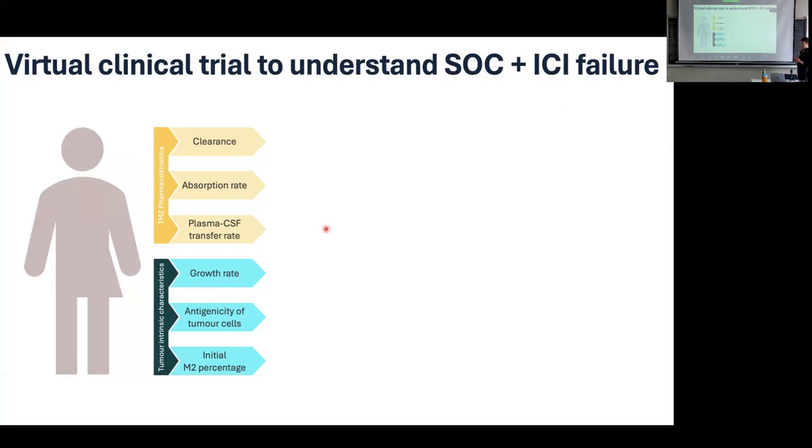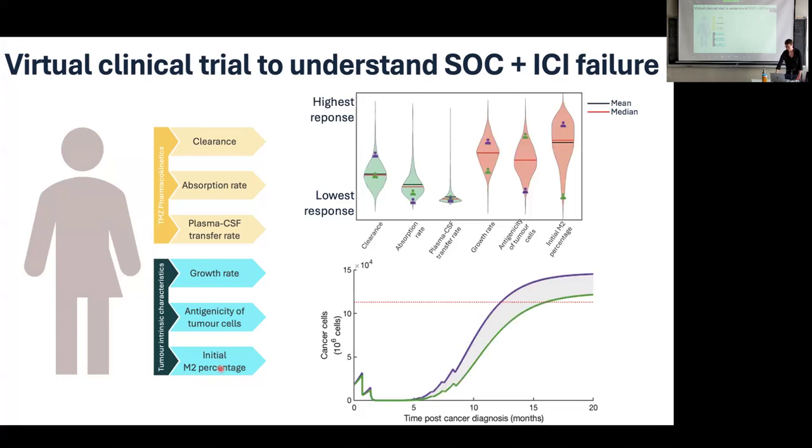So Blanche varied a variety of parameters, some related to the TMZ pharmacokinetics, because we have population pharmacokinetic models. We know that there is inter-individual variability in the PK, but also significant parameters identified through a global sensitivity analysis in her model. So the rate of growth of the glioblastoma, how antigenic the tumor cells are, and the initial M2 percentage.